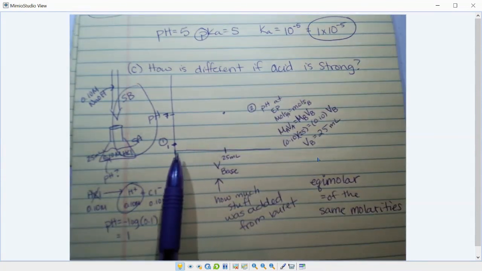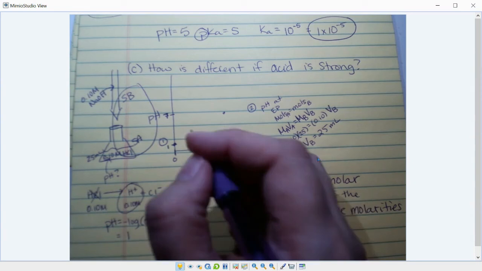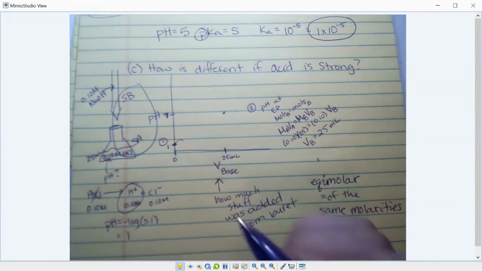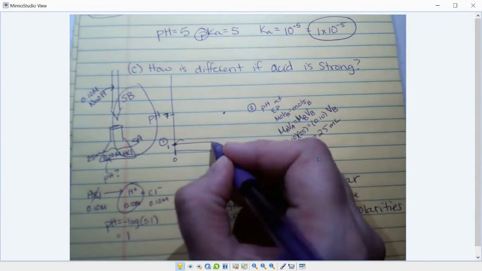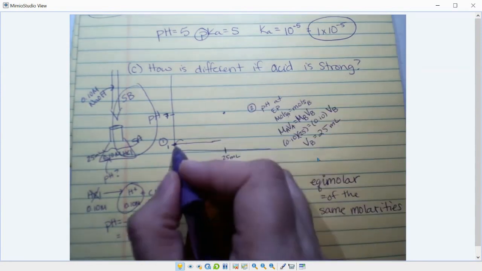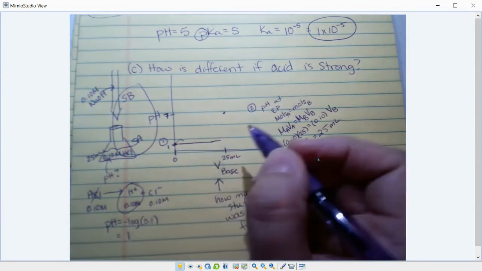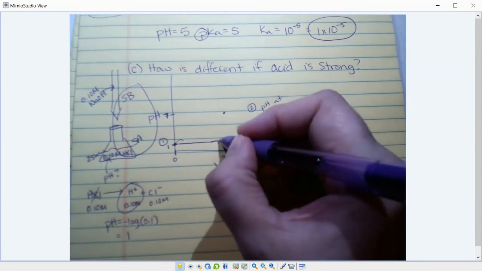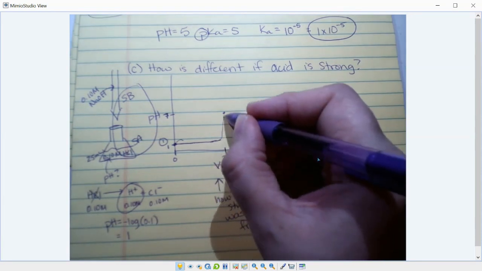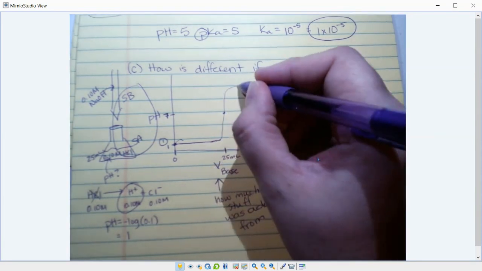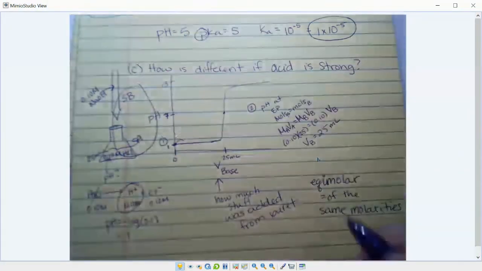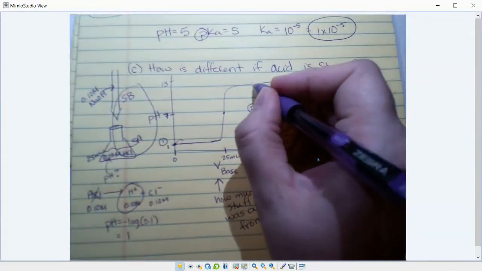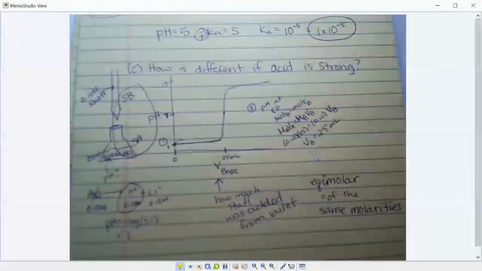The generic curve for a strong titration does not have that little weird lip that happens here. It's essentially flat, pretty close to flat, until it hits that volume where it shoots straight up through the equivalence point, and then it goes up and eventually levels off, usually somewhere around pH 13. And that is what they're asking you to sketch.